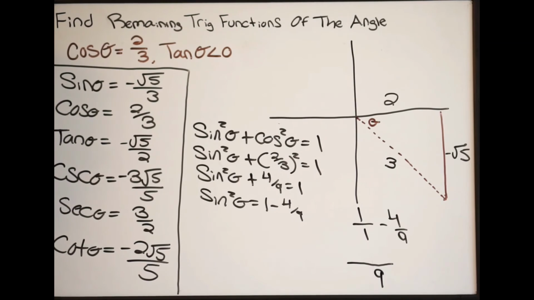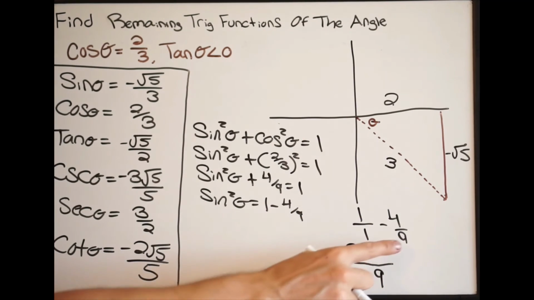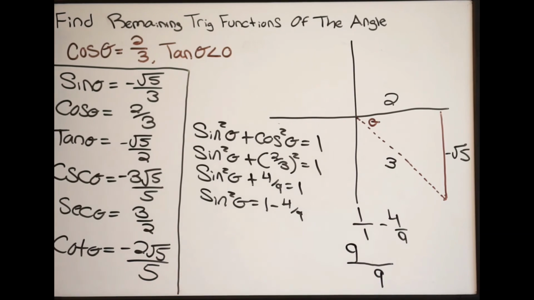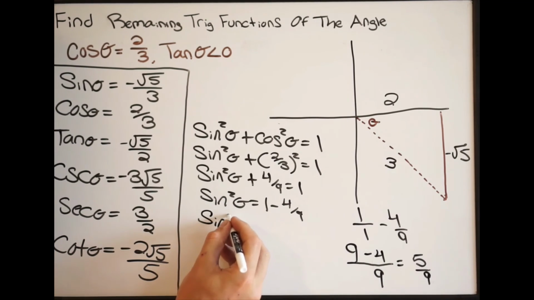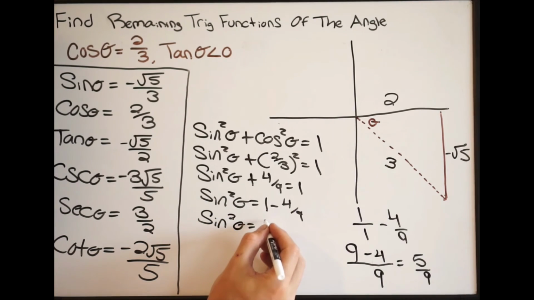Well, you multiply by 9. So 9 times 1 is 9. Okay. What did you multiply this by in order to get 9? You multiply by 1. So 1 times a negative 4 is a negative 4. And you can see here how you're going to get 5 over 9. So let's go ahead and write that here. Sine squared theta equals 5 over 9.